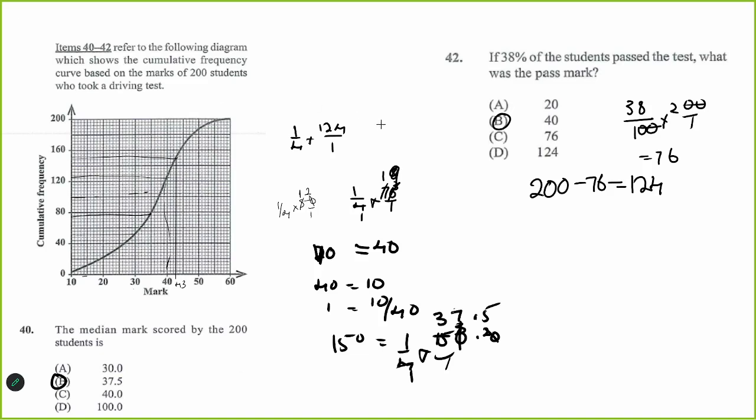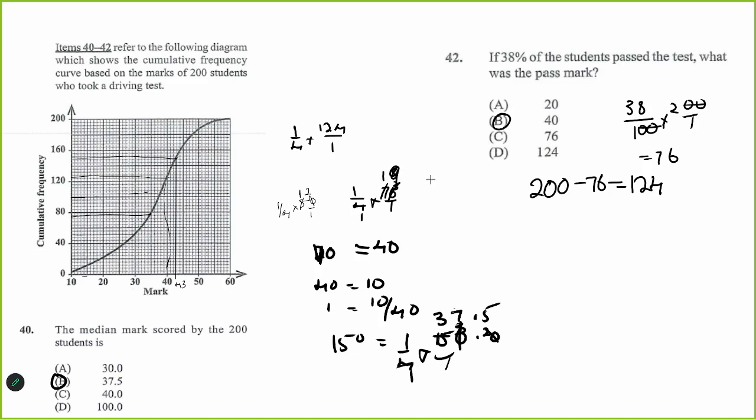So through reasoning, right? If you look at 20, that's way too low. Right? 76, sorry, what was the pass mark? 20 is way too low, that could never be. Right? And then if you look at C and D, they're way too high.